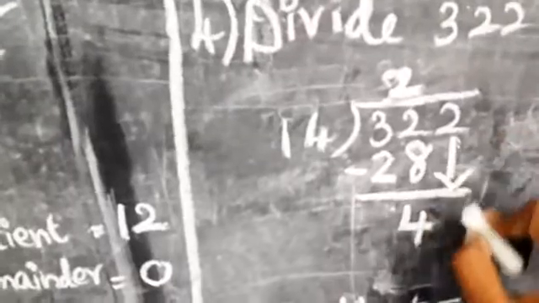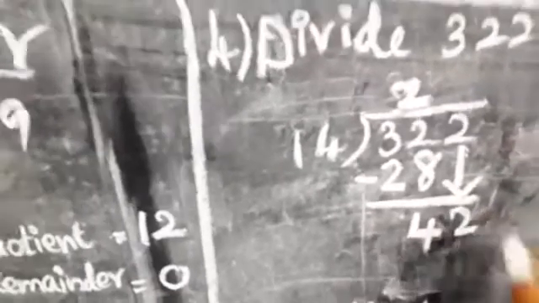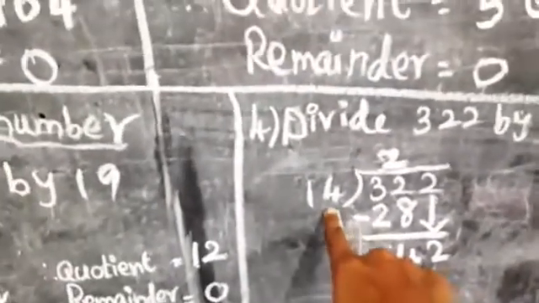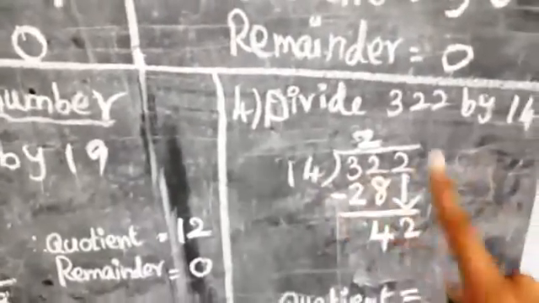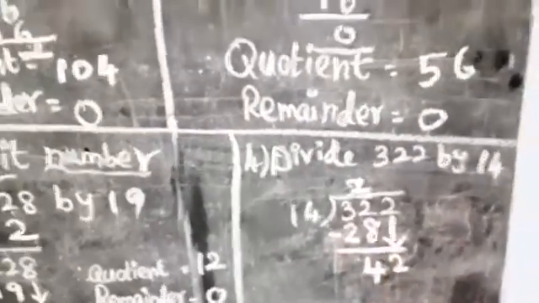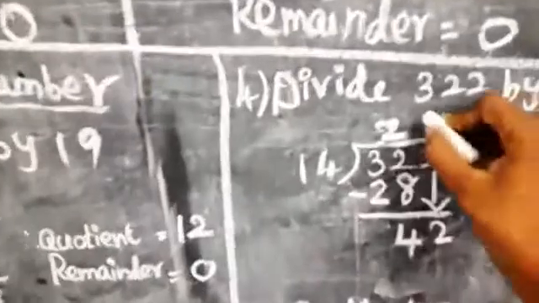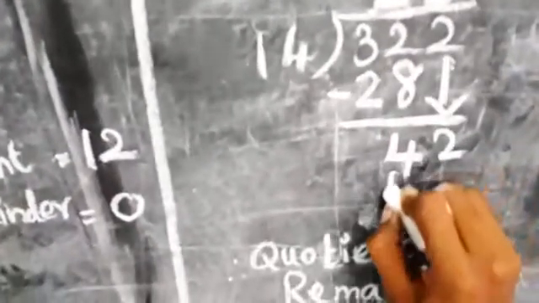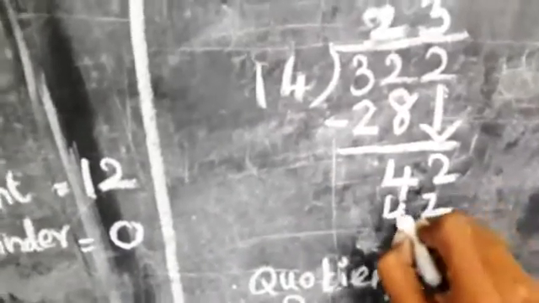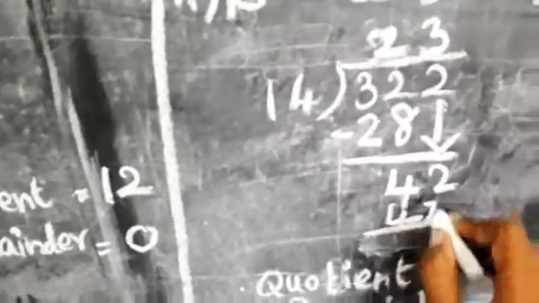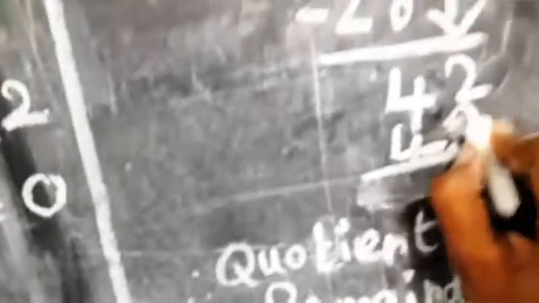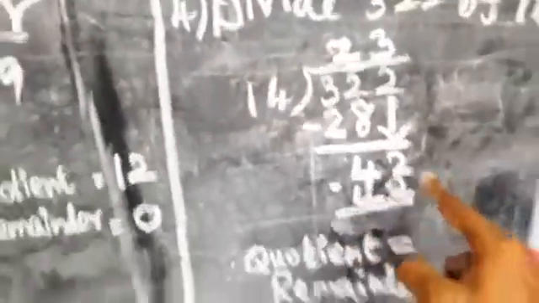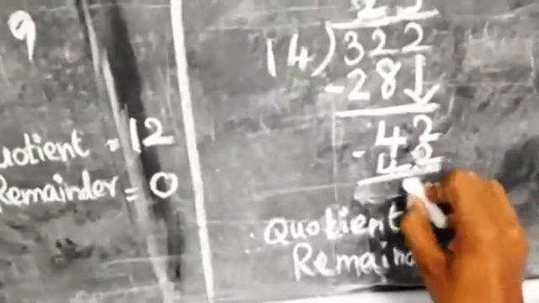Now bring down the 2. Now multiply by the 14. 1 14 is 14, 2 14s are 28, 3 14s are 42. Now subtract: 42 minus 42 is 0.